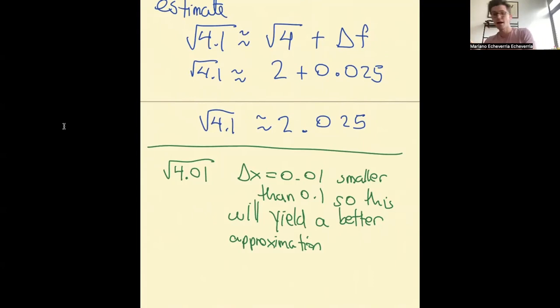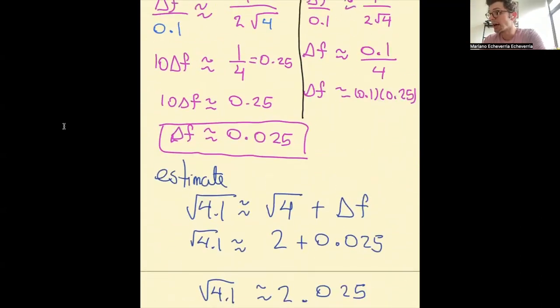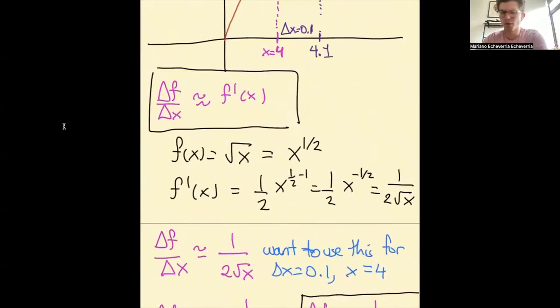Okay, so just to repeat the point, the approximation is... I mean, it is kind of nicer to multiply both sides of this approximation by delta x so that you don't see the ratio.